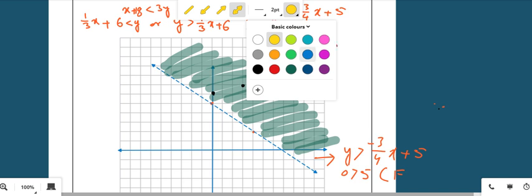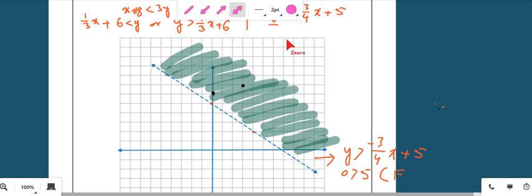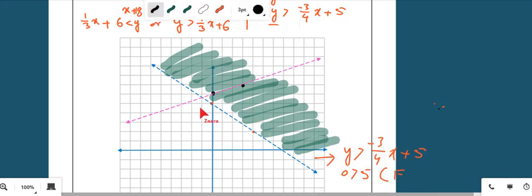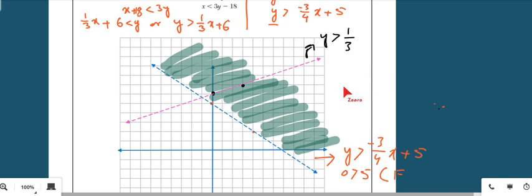No, this is not a good color. I will go with this one. So you get this line approximately, and again it is a dashed line.